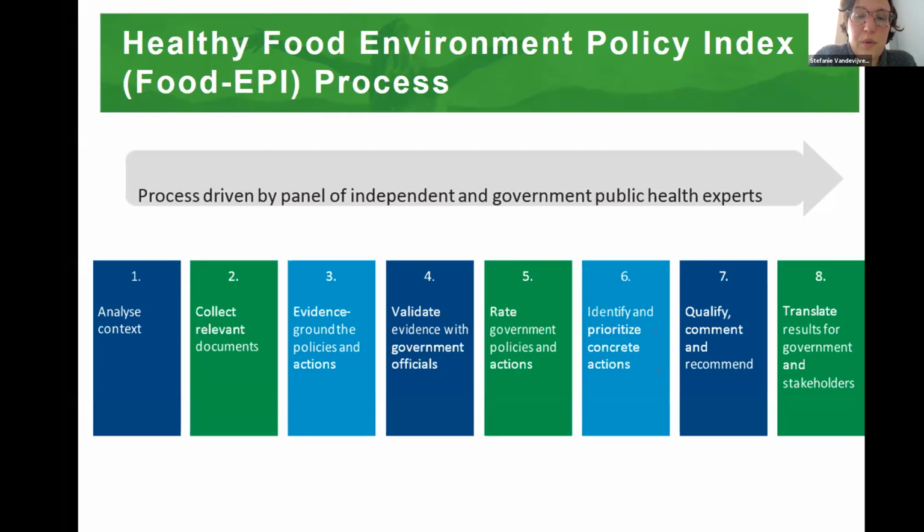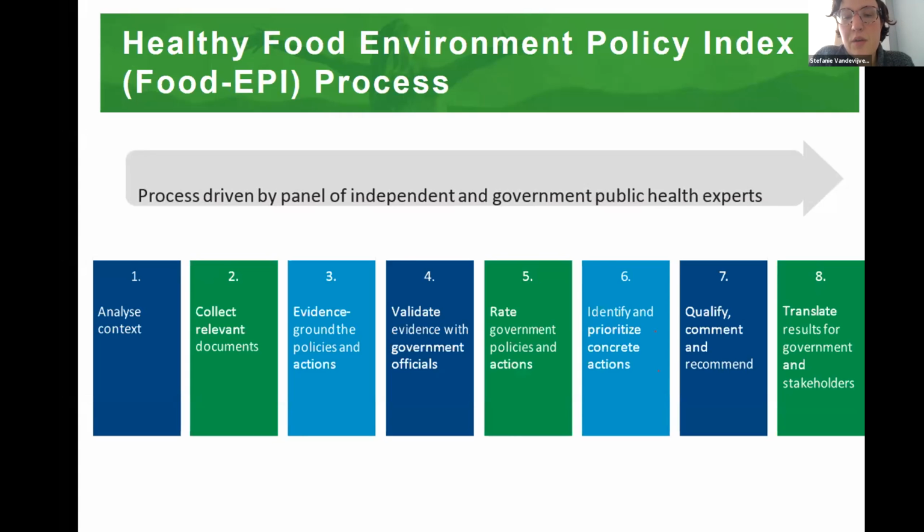And then once all the preparations are done, the evidence document as well as the benchmarks are used in rating workshops where the expert panel is actually evaluating government in each of the areas, looking at how well government is doing compared to best practice. That results in a particular scorecard where you can really see the implementation gaps.